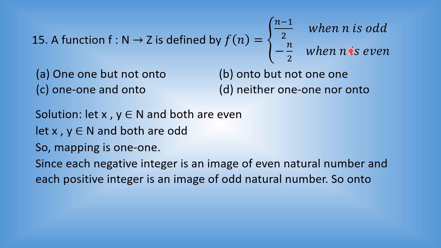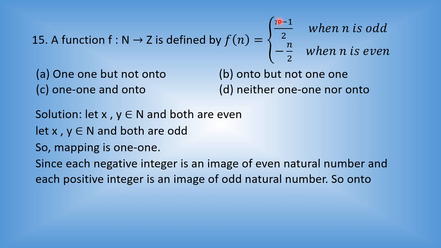Since each negative integer is an image of an even number, for every even number, a negative integer is its image, and also each positive integer is an image of an odd number.